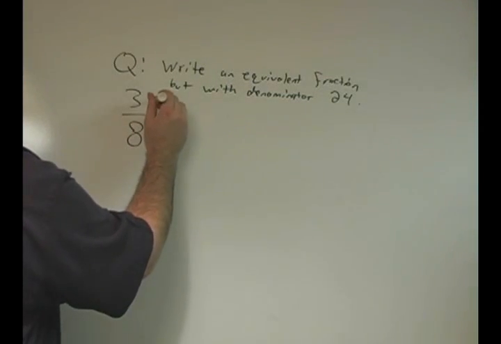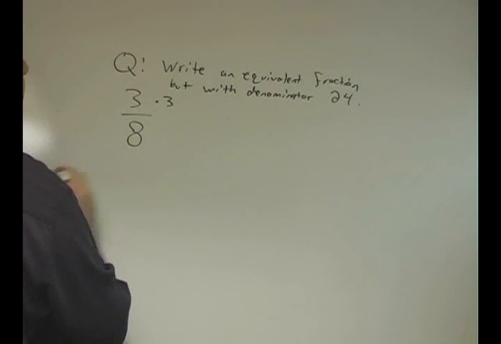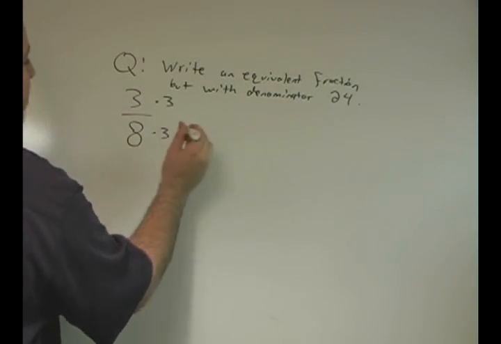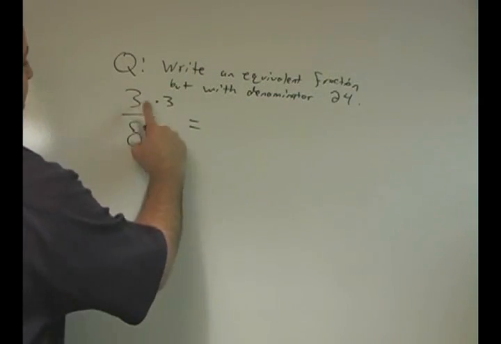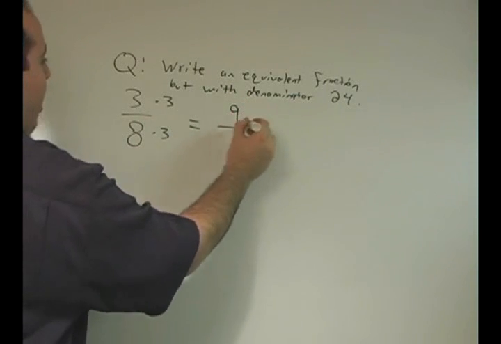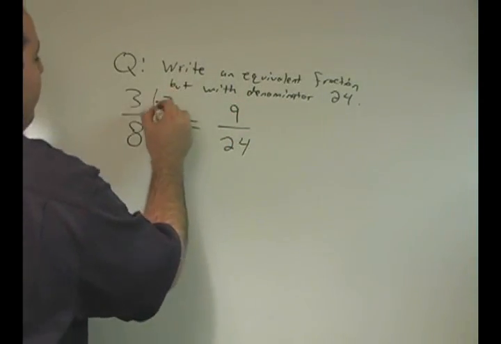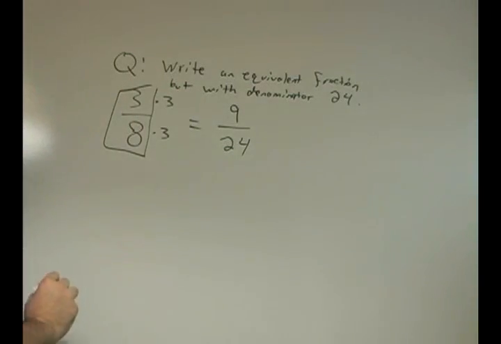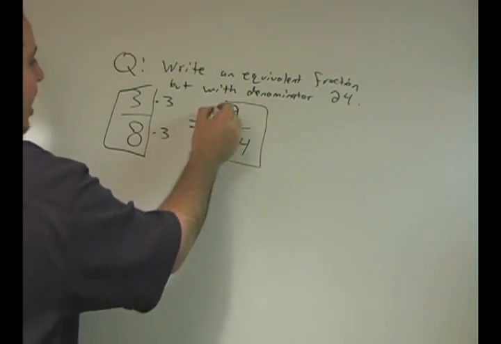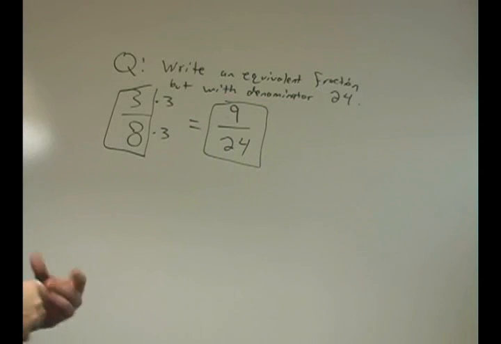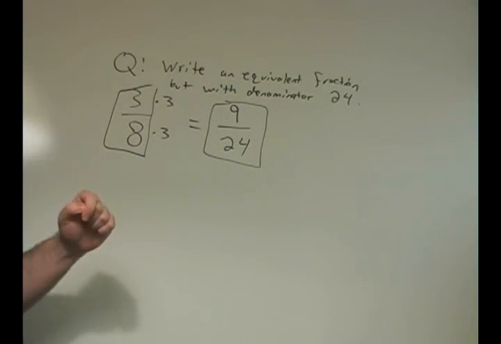So I will multiply the top of this fraction by 3 and the bottom by 3. 3 times 3 is 9, that's the top, and 8 times 3 is 24, that's the bottom. And now I know that 3 over 8 is the same number as 9 over 24. All I accomplished really is I changed the denominator.